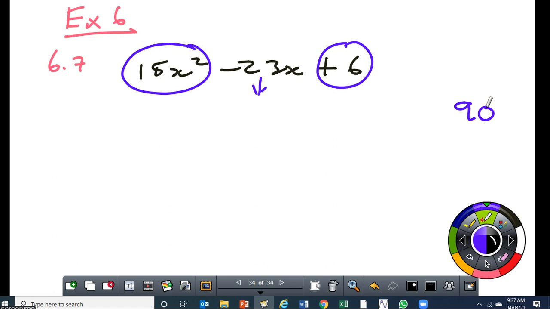Now, among those two, you need to decide which one, when you rewrite this expression, you write it like this. I'm going to rewrite the expression by including those two factors, minus 18 and minus 5. So I'll write it as 15x squared, and using those two factors of 90, I can rewrite minus 23x as minus 5x, minus 18x plus 6.